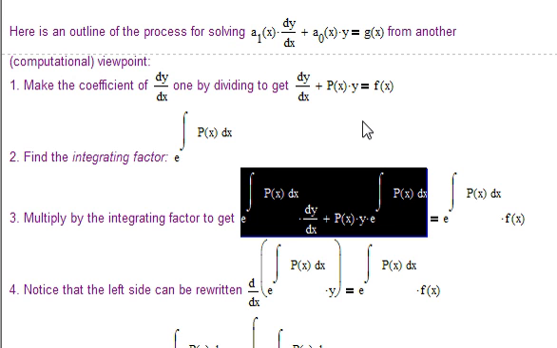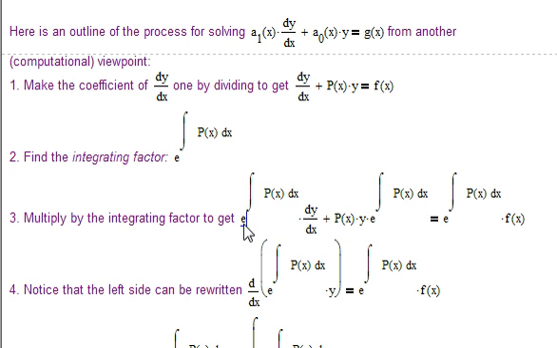And notice that this is the product rule applied to e to the integral p of x dx times y. Now, I'll show it to you. It's first times the derivative of the second, plus second, which is y, times the derivative of the first.